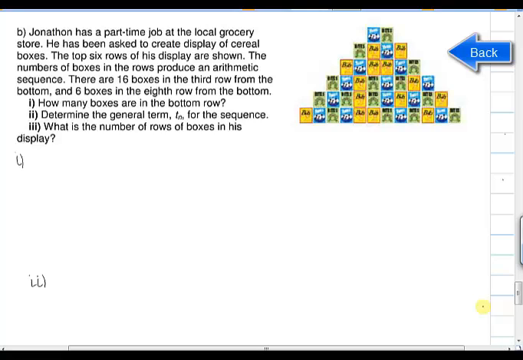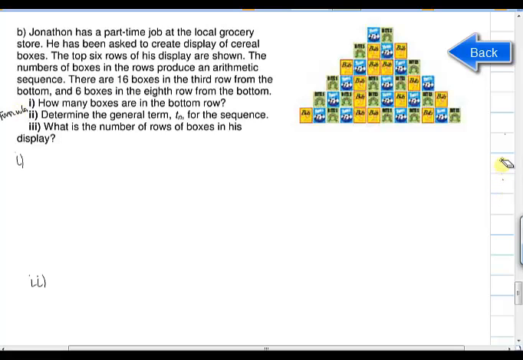You've been asked to find 3 things. How many boxes are in the bottom row? Determine the general term t subscript n for the sequence, which means to find the formula. And 3, what is the number of rows of boxes in his display?